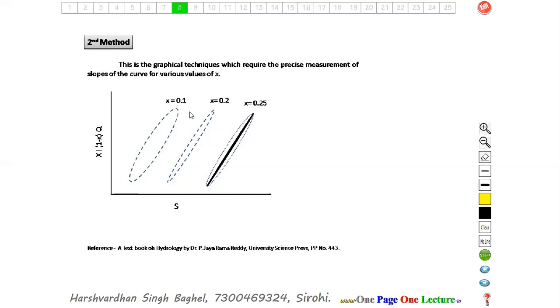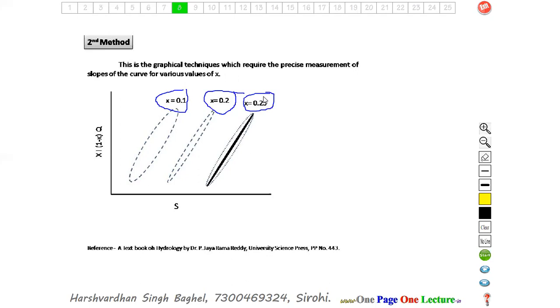We construct a graph for various values of x. For example, we have constructed a graph for three values of x, that is 0.1, 0.2, and 0.25, and analyze the slope of the curve.